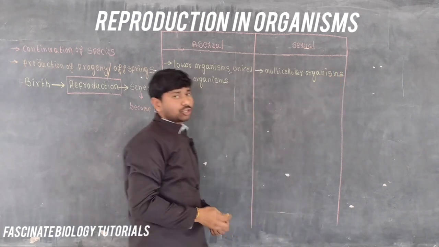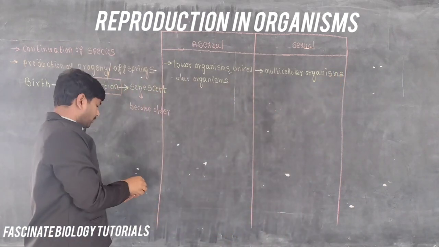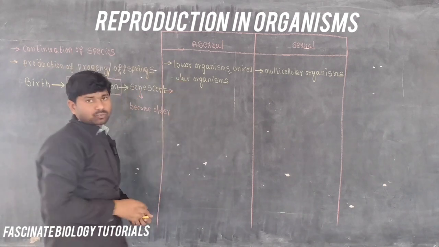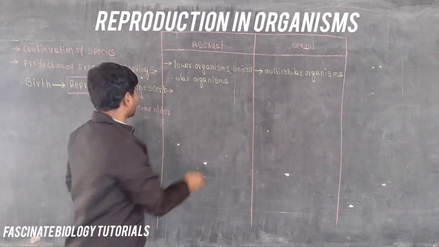The second point is, in asexual reproduction only one parent is involved.